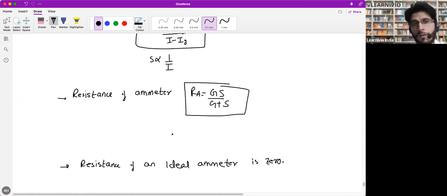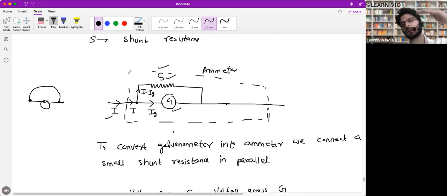So to convert a galvanometer into an ammeter, we connect a resistor in parallel.